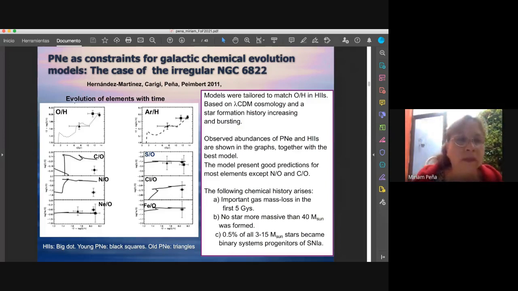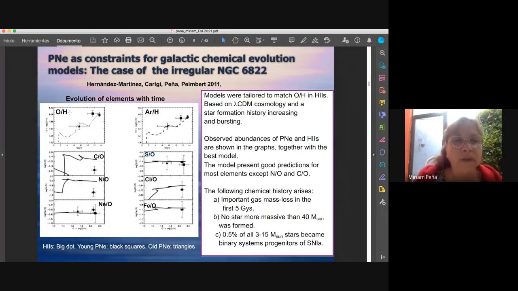low metallicity objects and young planetaries that are similar in chemistry to the H II regions. We have the oxygen, the argon, carbon over oxygen, nitrogen over oxygen, neon over oxygen, sulfur, chlorine, and iron over oxygen.